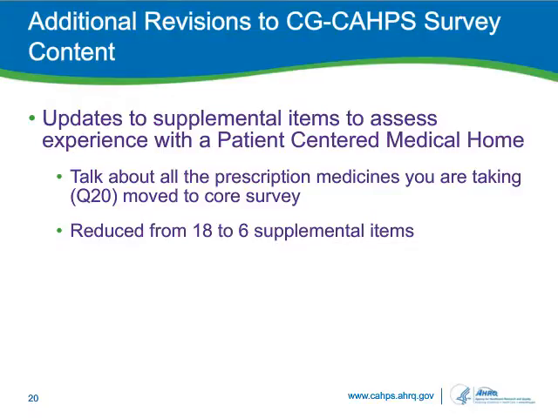We've moved one PCMH item into the core survey. That's the question about all the prescription medicines you are taking, and that contributes to the care coordination measure. And we've reduced the PCMH items from 18 supplemental questions to 6. And let's take a look at what remains for PCMH.